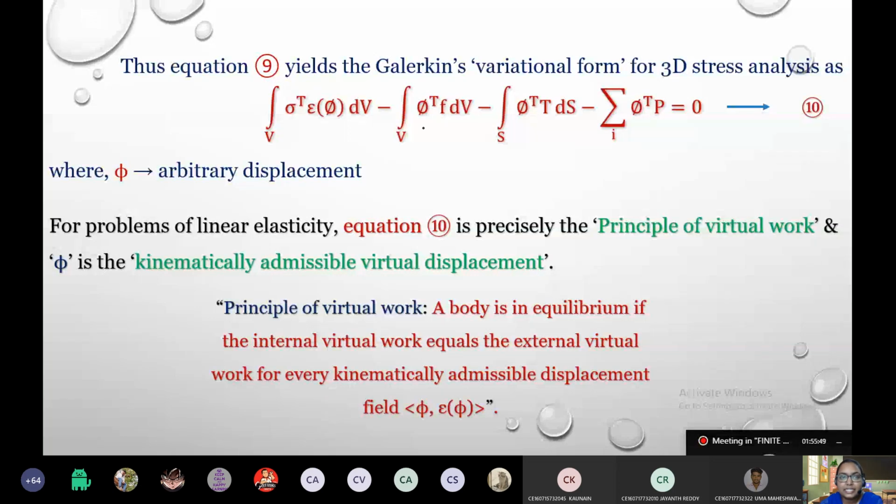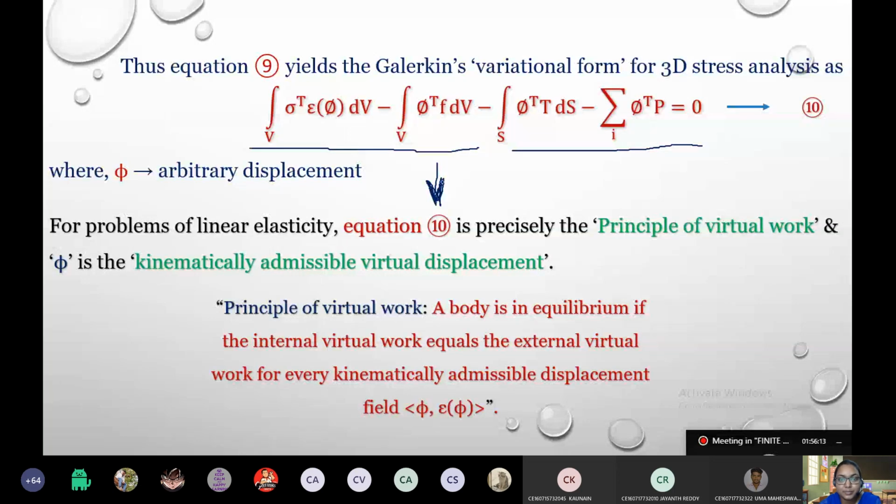So if we clearly see, this is the internal part of virtual work, which has to be equal to the external part of virtual work. This is representing your linear elasticity problems.